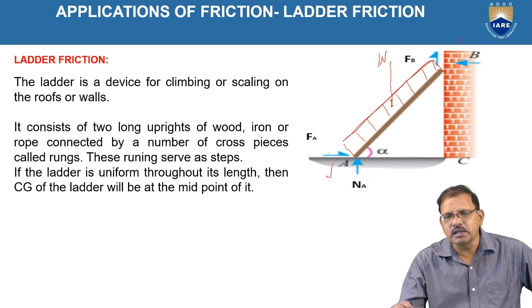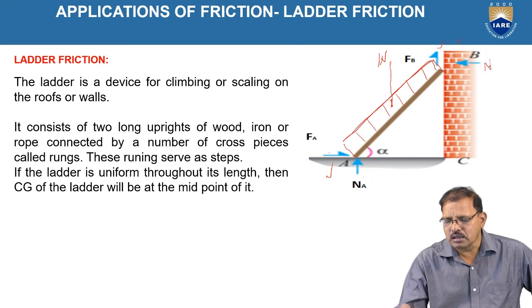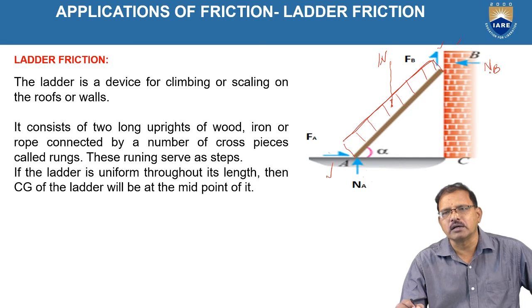Since the B end is moving downward, the frictional force between point B on the ladder and the vertical surface always acts upward, which is shown as FB in the figure. The normal reaction at B is again represented as NB. It is perpendicular to the surface at the point of contact.